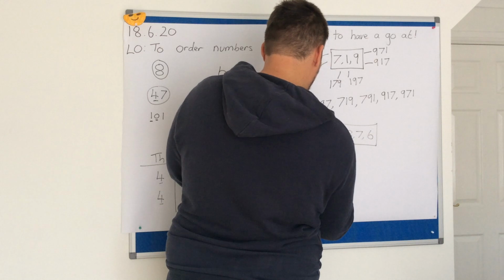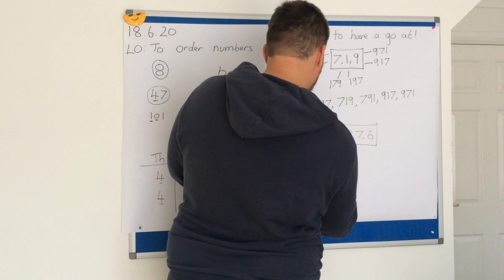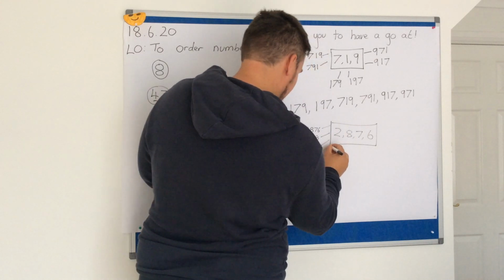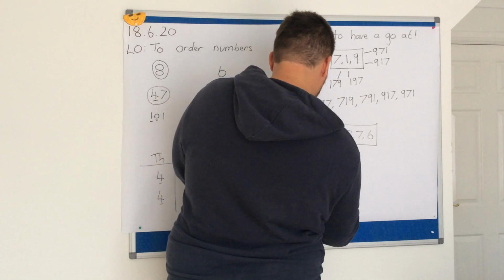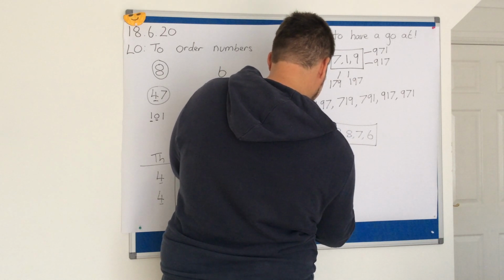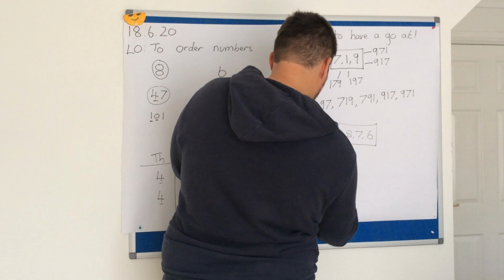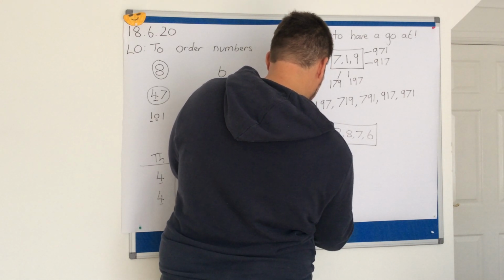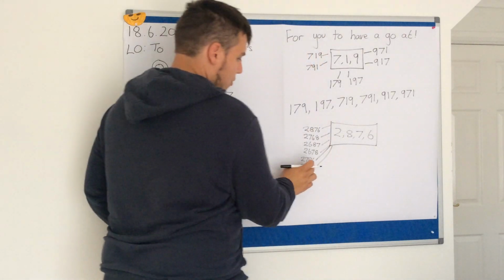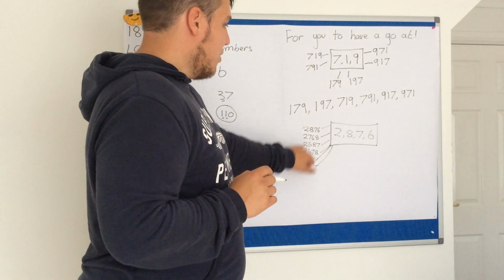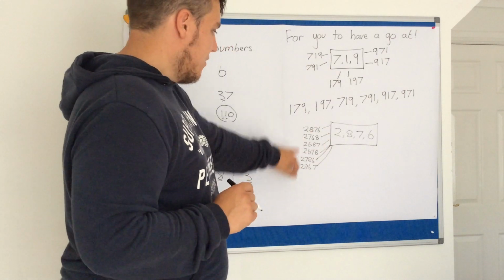I know that I could have 2,678. And I know that I could have 2,786. And I know that I could have 2,867. So 1, 2, 3, 4, 5, 6. So there's 6 numbers starting with 2 in the 2000s.